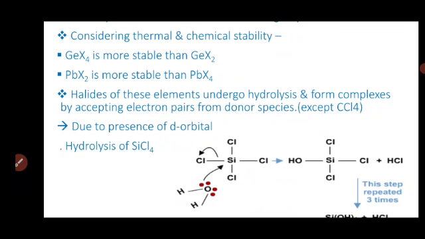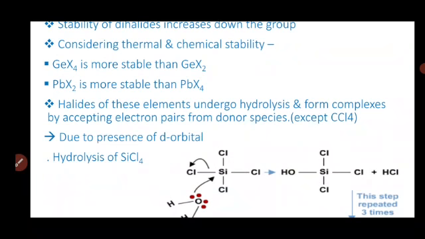Water is the donor species, because in water oxygen has two lone pairs of electrons and it always tries to give that lone pair, and hence it acts as an electron donor. Now what is an exception? CCl4 is an exception. Means CCl4 does not undergo hydrolysis.